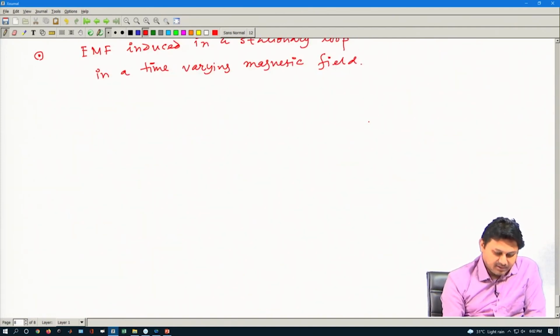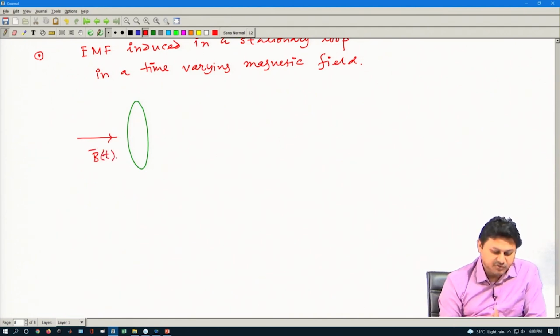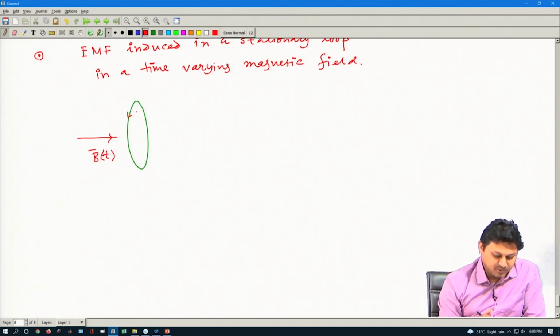So, again the loop if I draw is this, and I now have my magnetic field, and that is a function of time. That makes the flux a function of time. So, this is the initial problem we had. Suppose the electric field is generated in this way and the current is generated in this way.